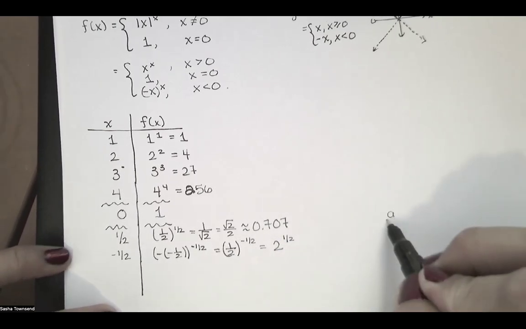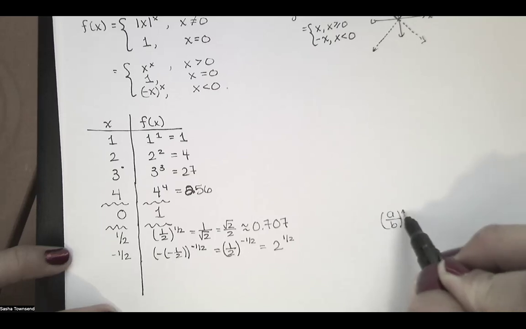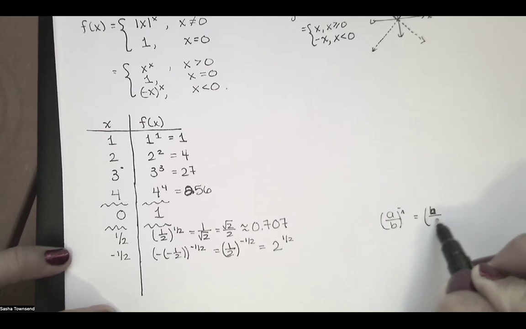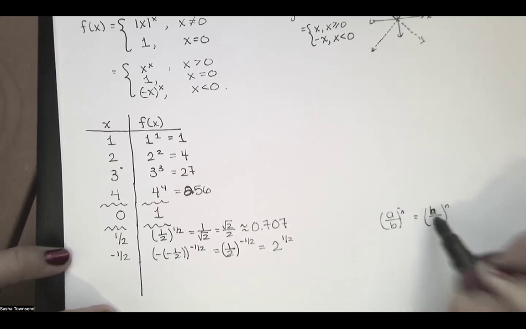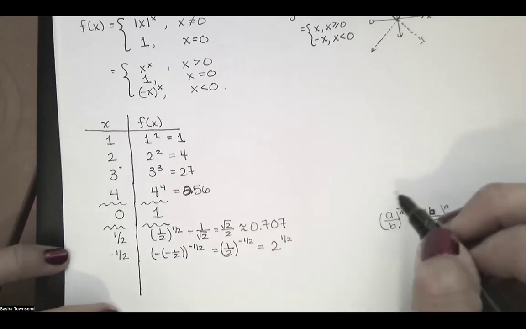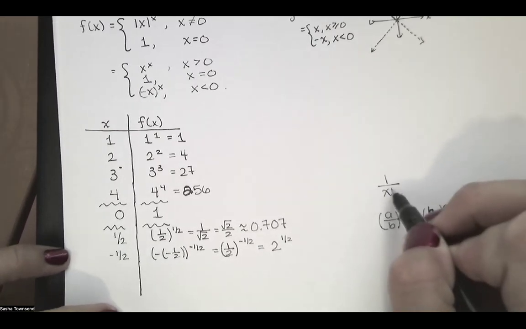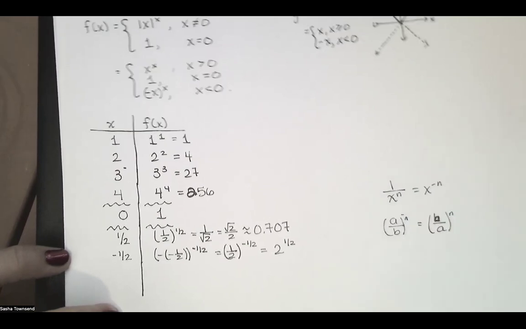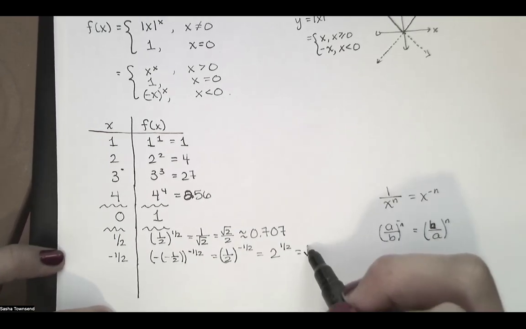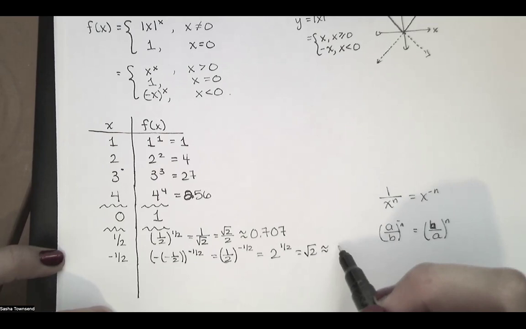It's because a divided by b raised to the negative n turns out to be b divided by a raised to the positive n. We won't derive that here, but we can derive that relatively easily using the fact that 1 divided by x to the n is x to the negative n, and then using our exponent properties. But this is at x equals negative 1/2, the y value on our graph is the square root of 2, which is approximately 1.4.